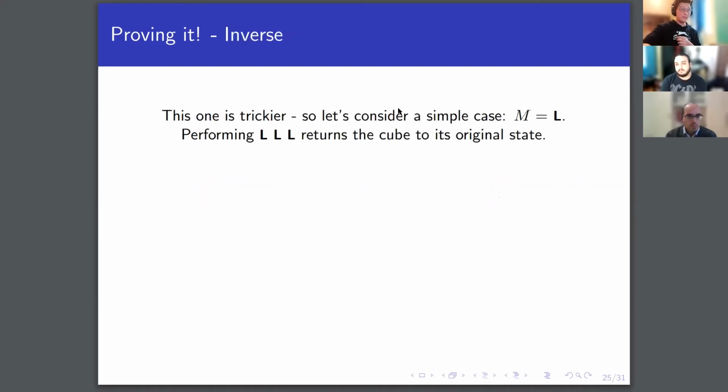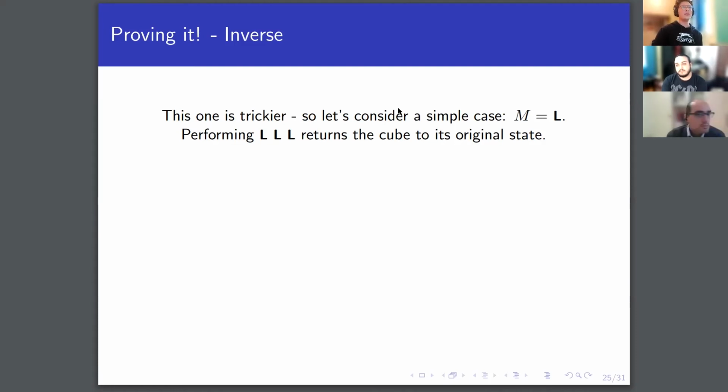The inverse is a bit trickier, because to prove the general case is not so straightforward. So here I'm going to show the simplest case, which is just one quarter turn. To reverse a quarter turn in the clockwise direction, you would say that we could rotate it in the reverse direction. You would be right, but we are restricting our moves to only clockwise rotations at the moment.